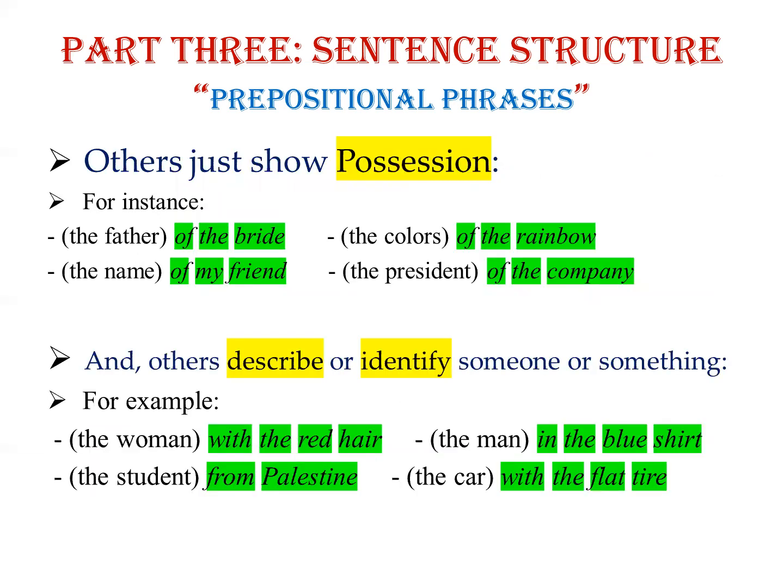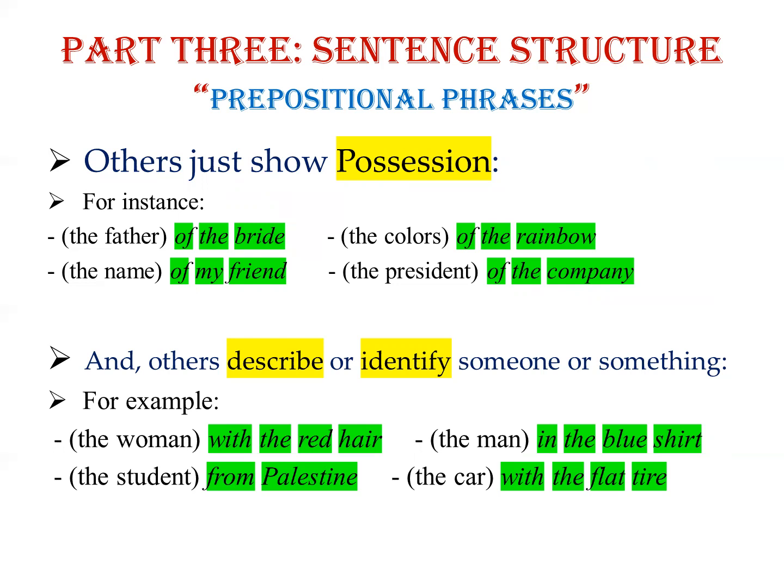Anyhow, we have other prepositional phrases that describe position. When I say position, I mean the possessive thing that you can exchange, not always, but you can exchange it with a possessive S, such as the father of the bride. This father is the father of this bride. Or I can say the bride's father.